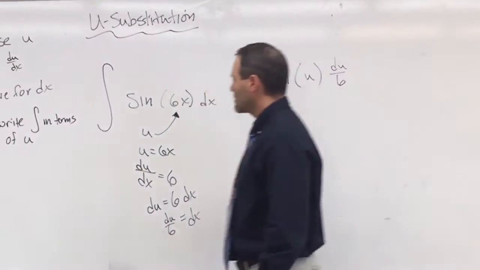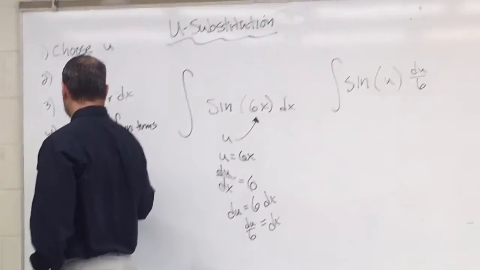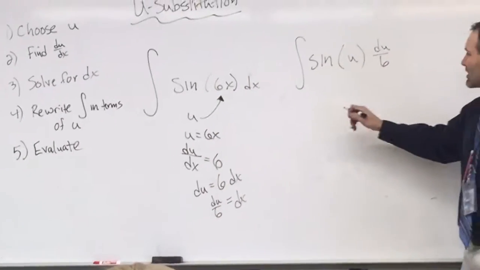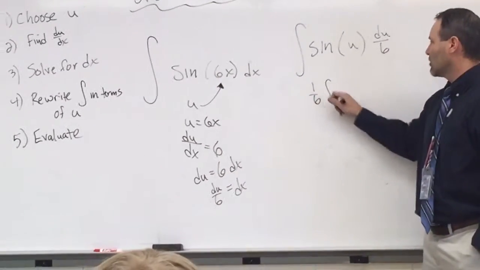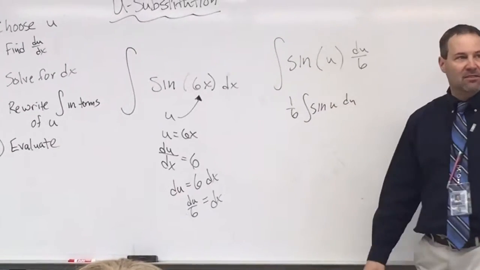Okay, so evaluate. The 1/6 I can pull out, so integral of sine u du, well the antiderivative of sine is just negative cosine.